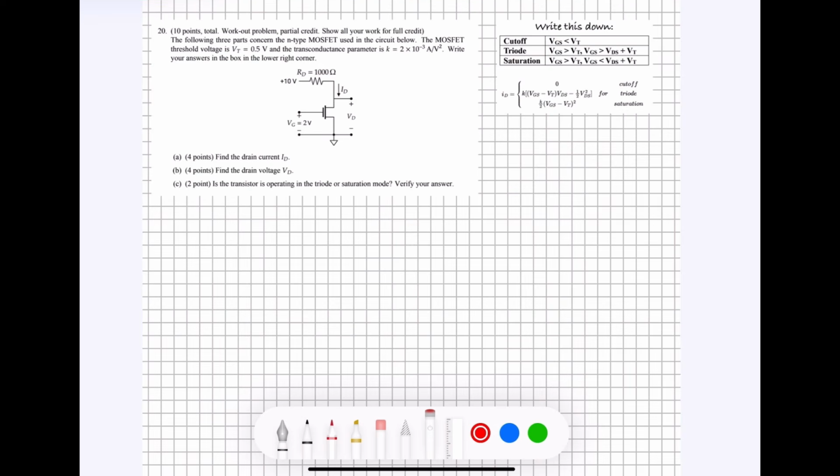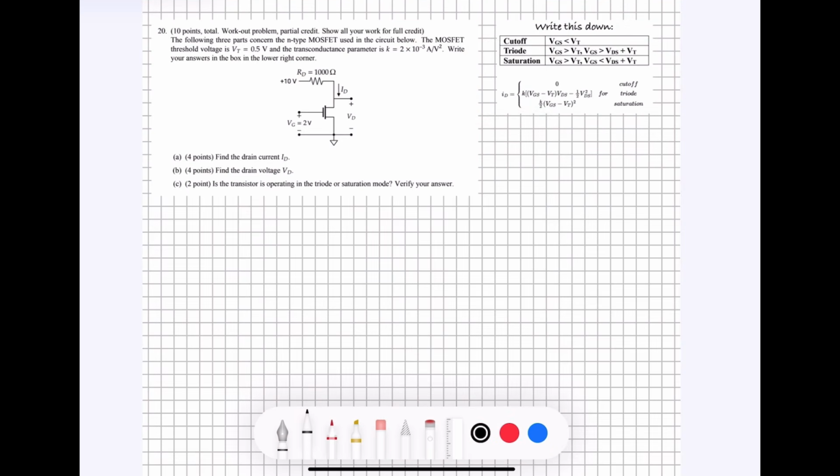All right, so the important things to remember for a problem of this type is up here in the top right corner. I highly recommend you put that on your equation sheet, or you memorize it, or do whatever you need so that you have this with you on the test.